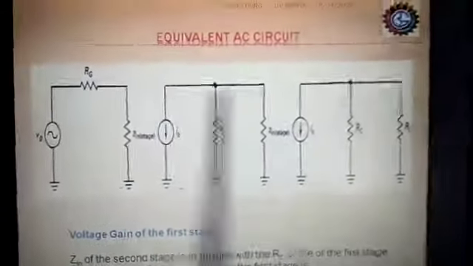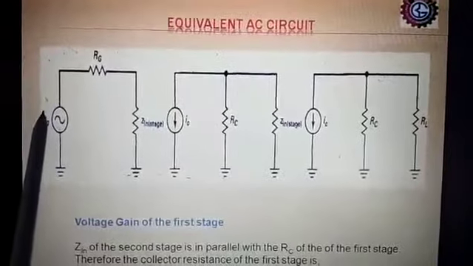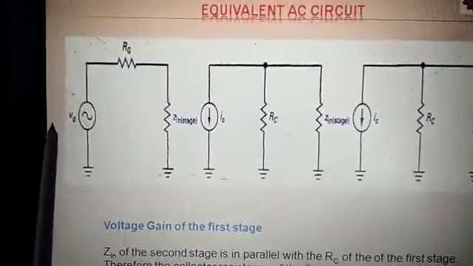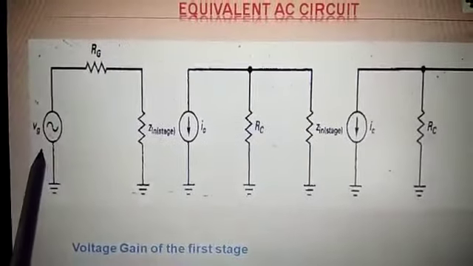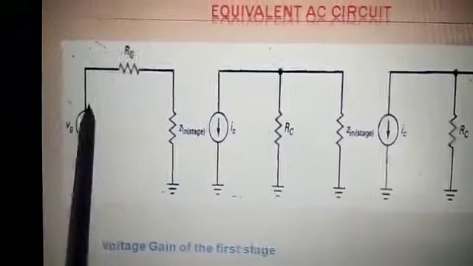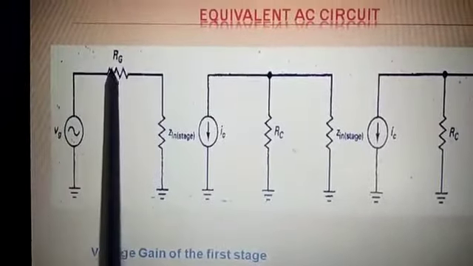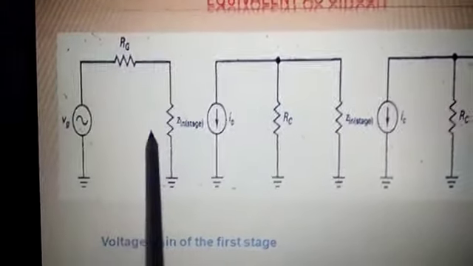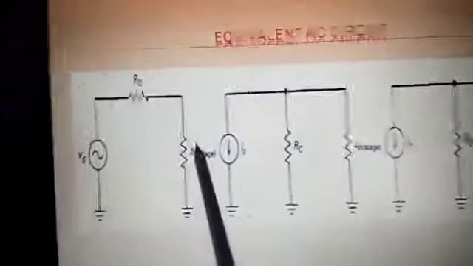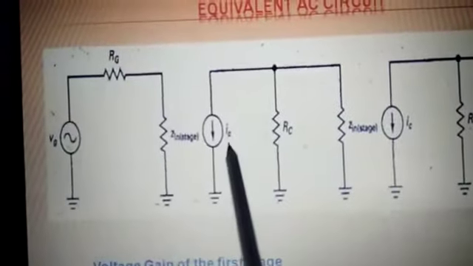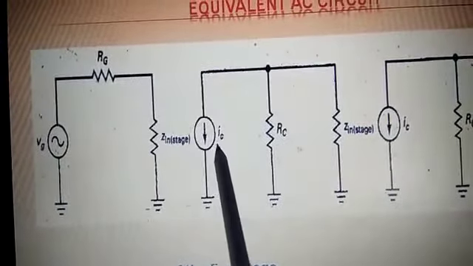And this shows the AC equivalent diagram for the two-stage amplifier. Here this is the source voltage which is applied at the first stage, this is the input resistance, and this is the input impedance of the first stage. This is the collector current of the first stage.